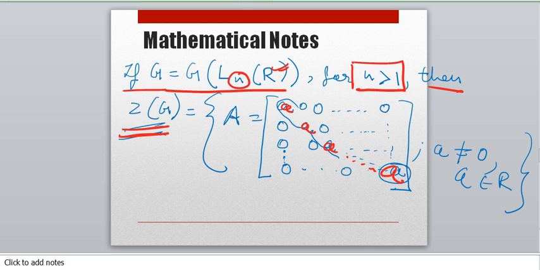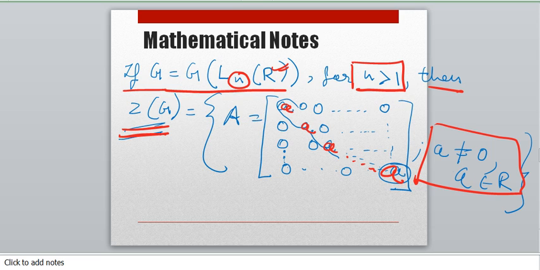But A should not be equal to 0, mind it. A can be any real number but cannot be 0. Don't write A is equal to 0, because you are bound to make a mistake.